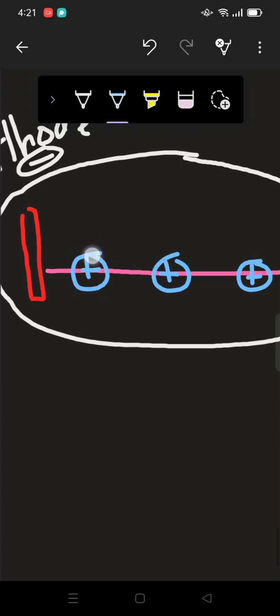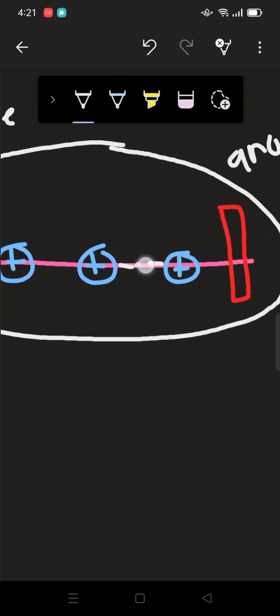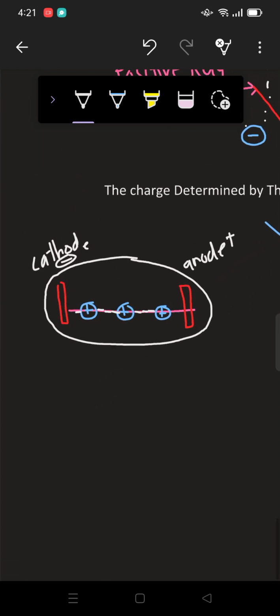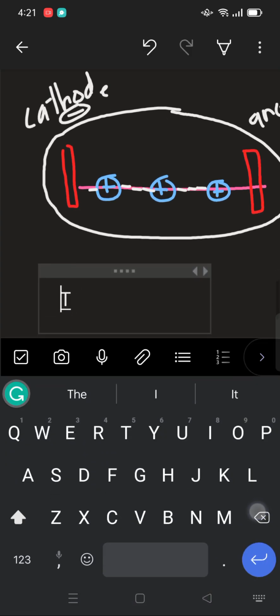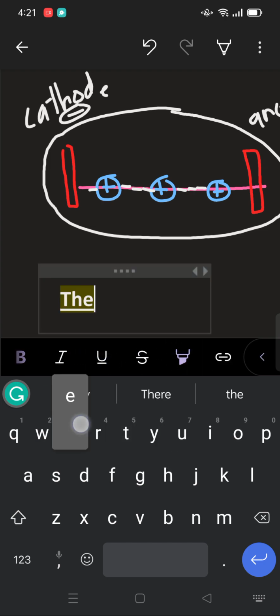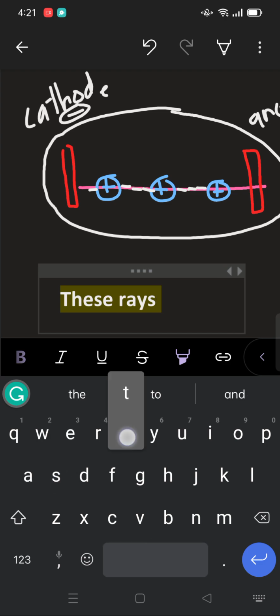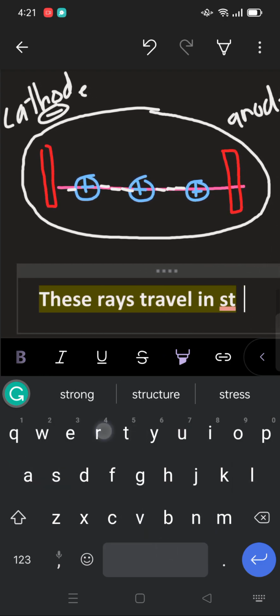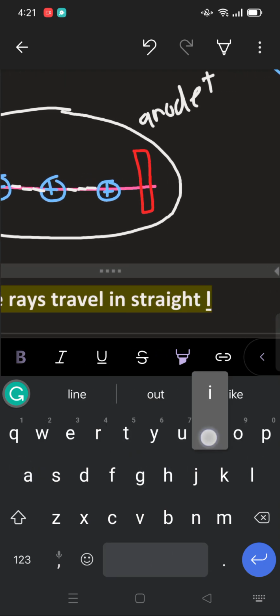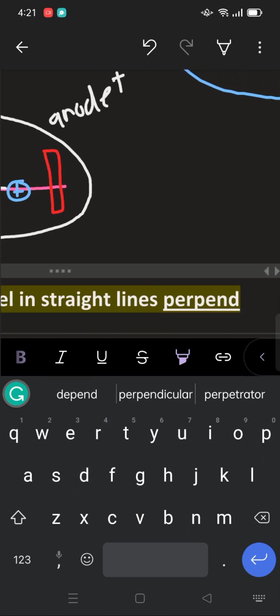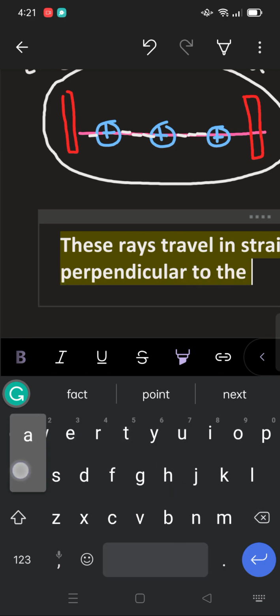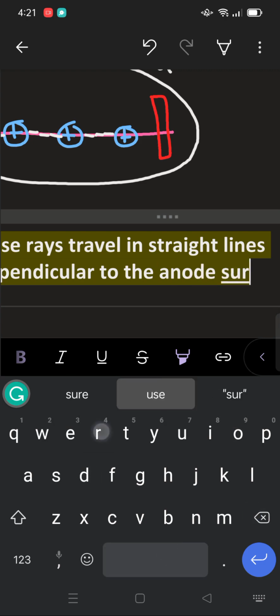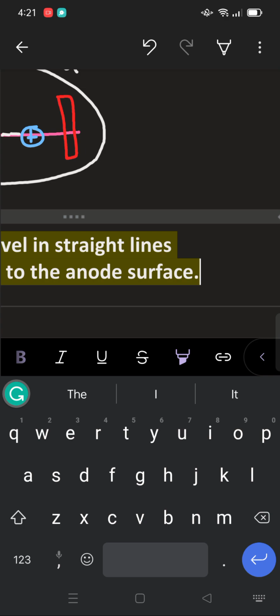So let's write this most important point here: these rays travel in straight lines, which are basically perpendicular to the anode surface. They move in a straight path, right?